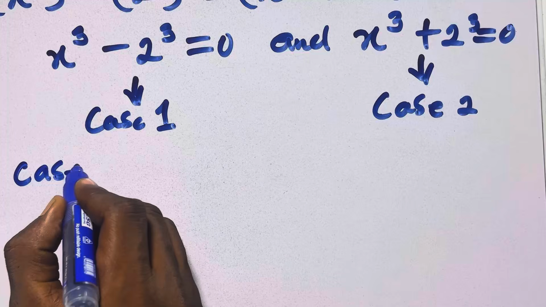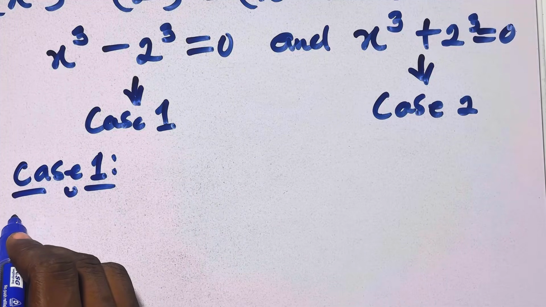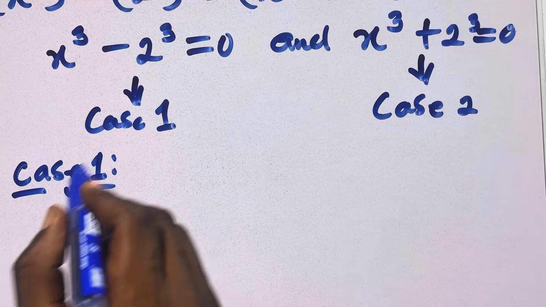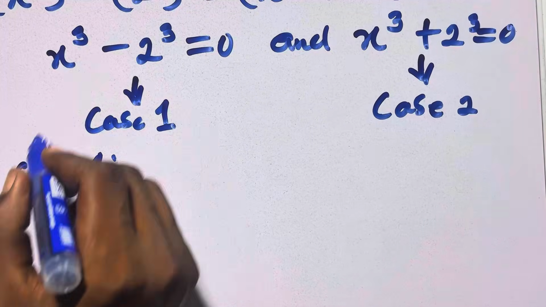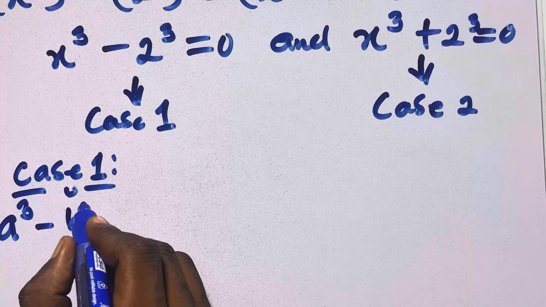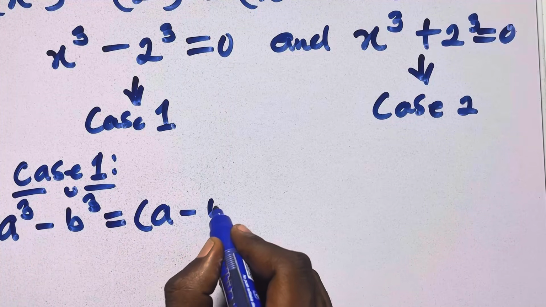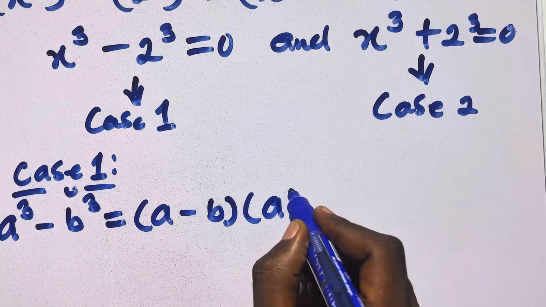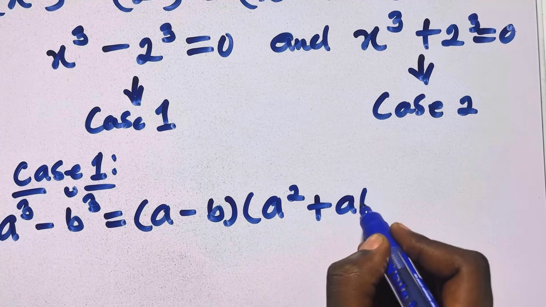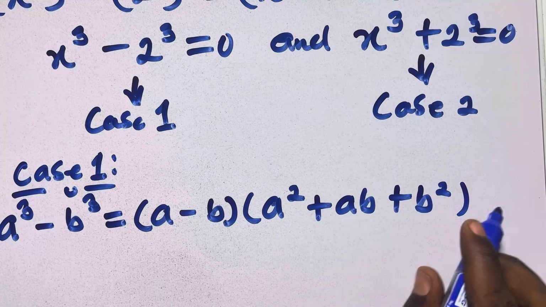So for case 1, let's say we have an expression a raised to the power 3 minus b raised to the power 3. This expression is equal to a minus b, then a squared plus ab plus b squared.